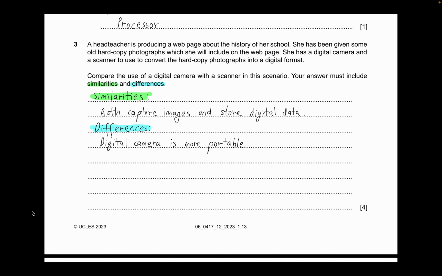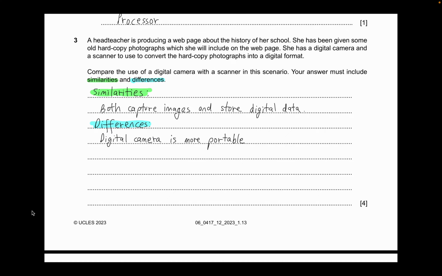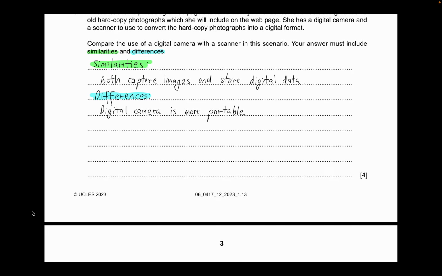Since you're taking photographs using a digital camera, the resolution is good, but it's not much better than a scanner, because with a scanner you can change the resolution to a really high resolution when it scans the images. So we can mention that as one of the key differences between the resolutions of a digital camera and a scanner being used for a particular photograph, right?